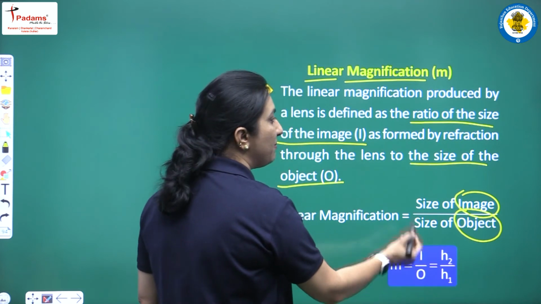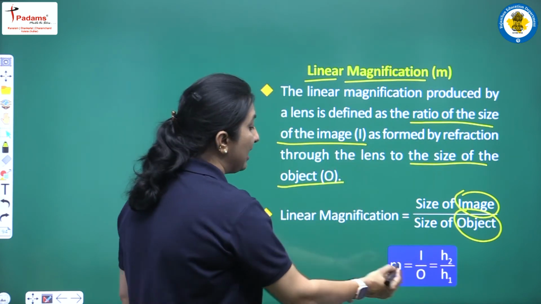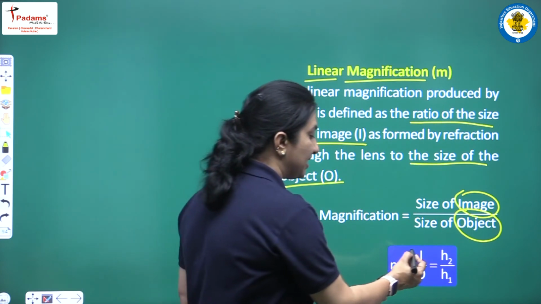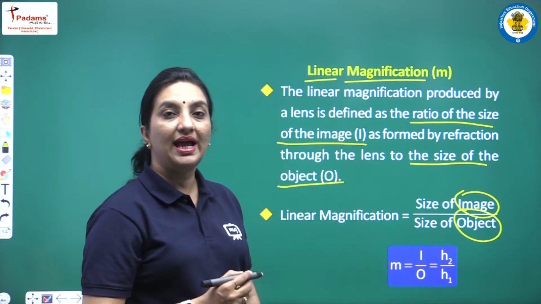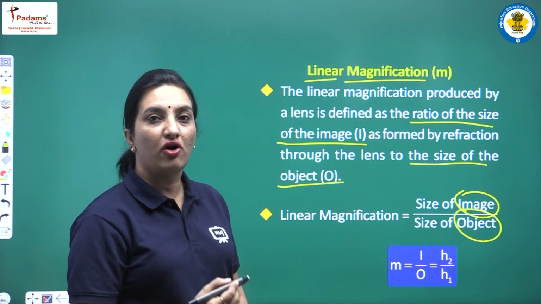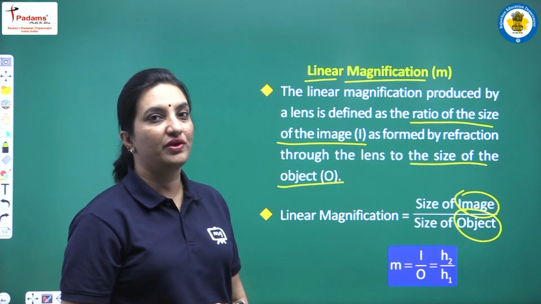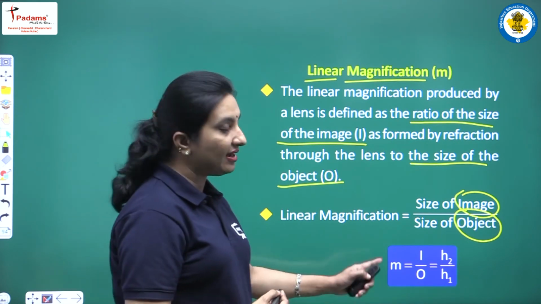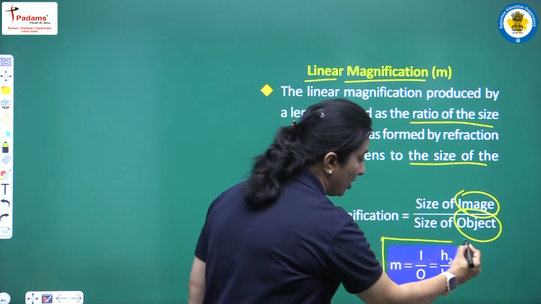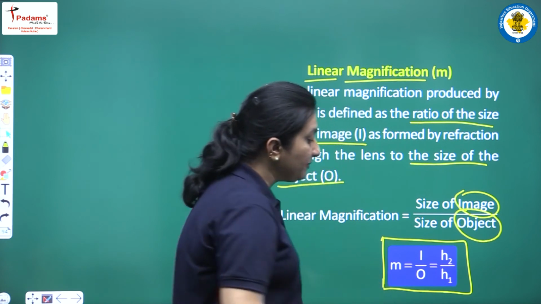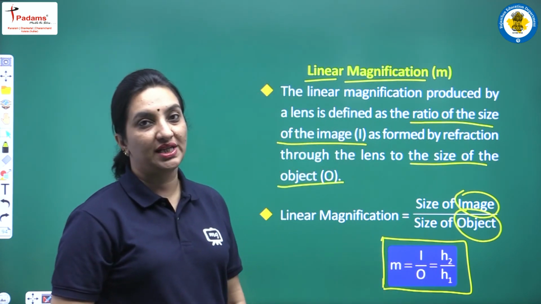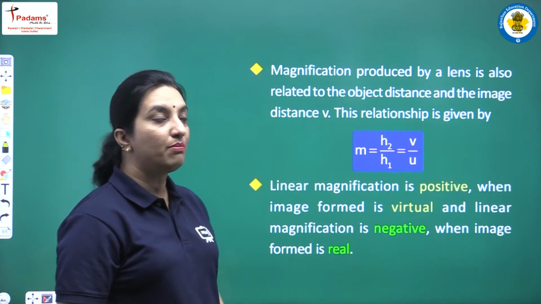If size of the image is represented by capital I and size of the object is represented by capital O, then it can be taken as I upon O, and as we were already using H2 upon H1, that is H2 for the height of the image and H1 for height of the object, here again we will use H2 upon H1. So, this is the formula for linear magnification, which is ratio of size of image and size of object. Now, it can be expressed in one more way.